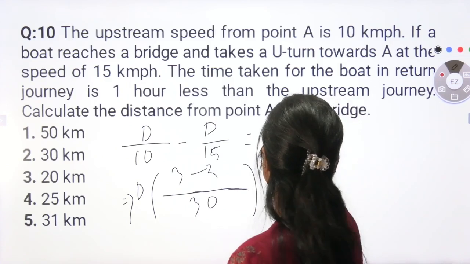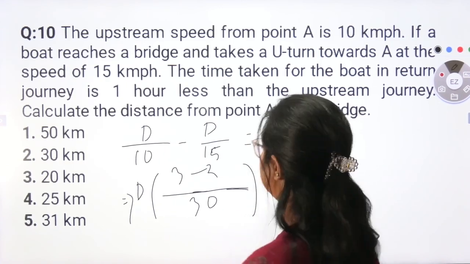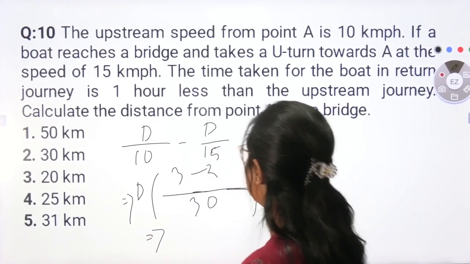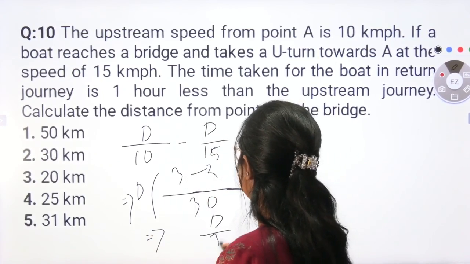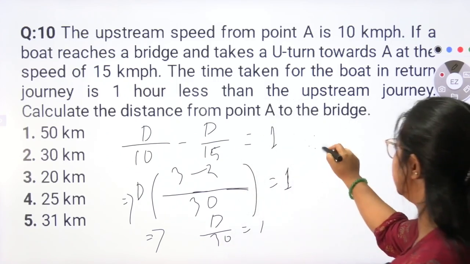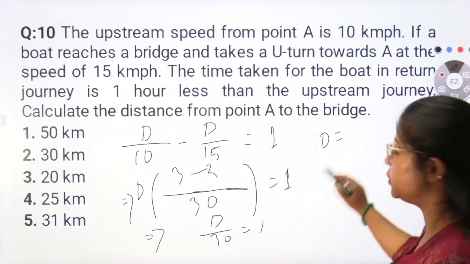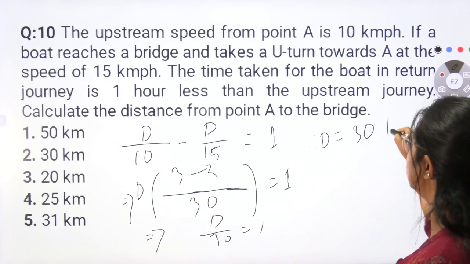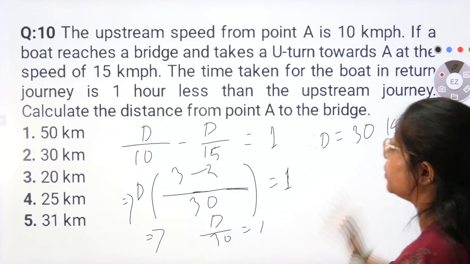So D by 30 is equal to 1. From here, D would be equal to 30. Okay, so 30 kilometers, because everything is in kilometer per hour.